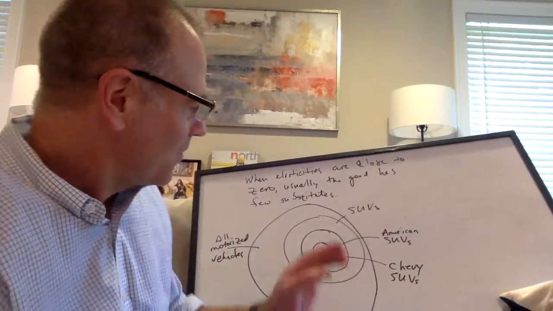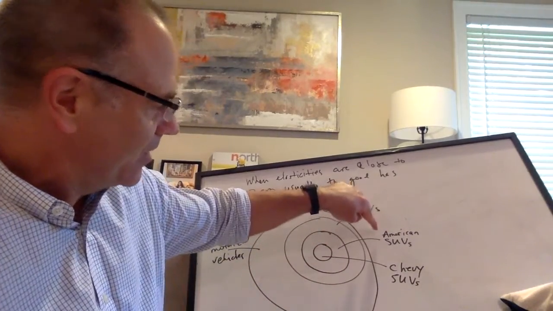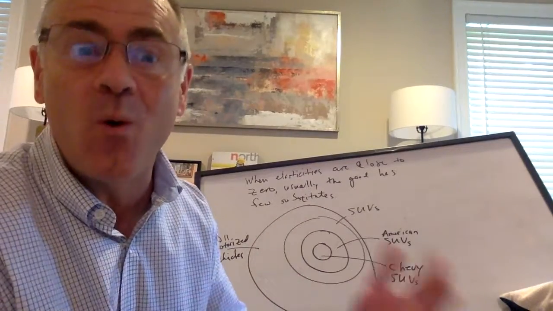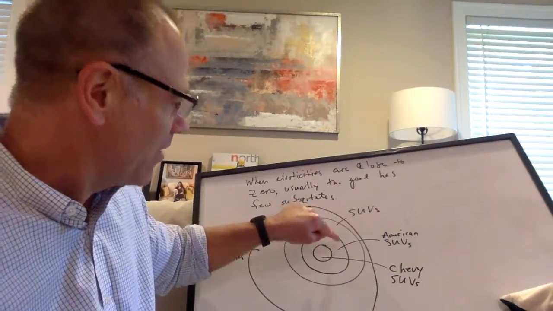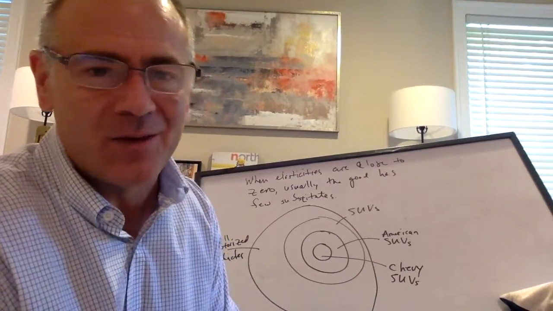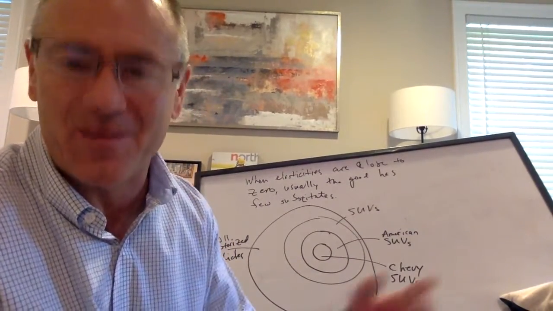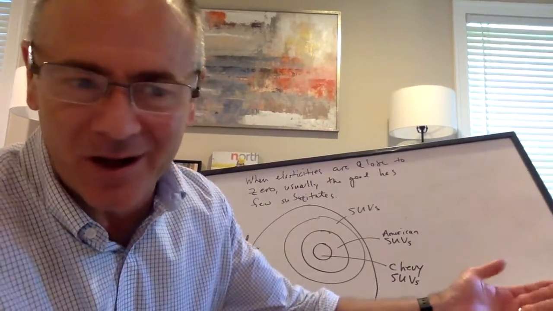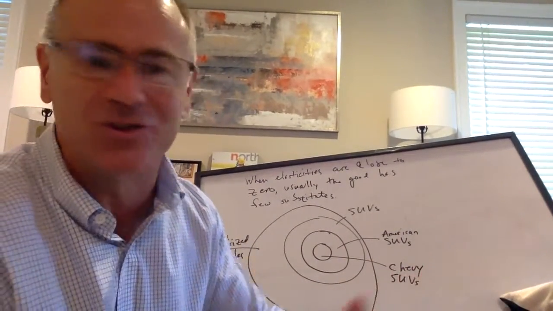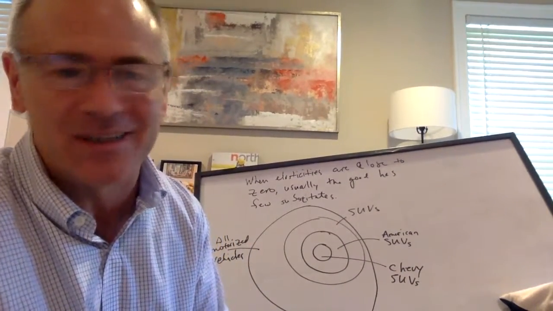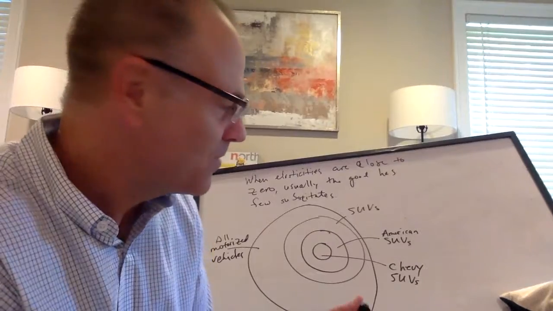Meanwhile, if it's an SUV, I have a good substitute, just a regular car or a pickup truck, or some other kind of motorized vehicle. Those are pretty good substitutes, but they may only be moderately good because I may have a strong taste for SUVs. On the other hand, if the good is an American SUV, there's probably more substitutes than for the broader category of SUVs, because I probably don't care that much if it's an American SUV versus a Toyota SUV, a Japanese or a German SUV. The car runs just as good, feels just as nice.